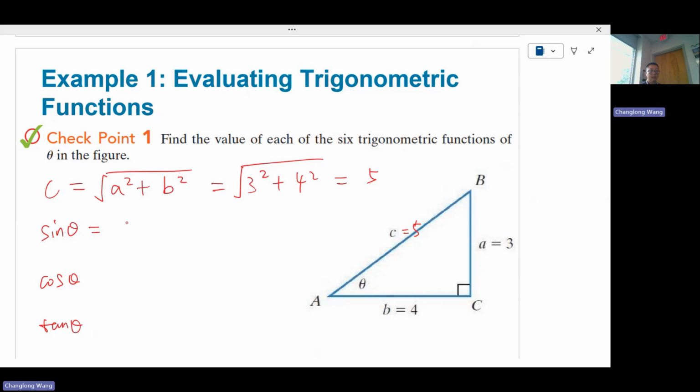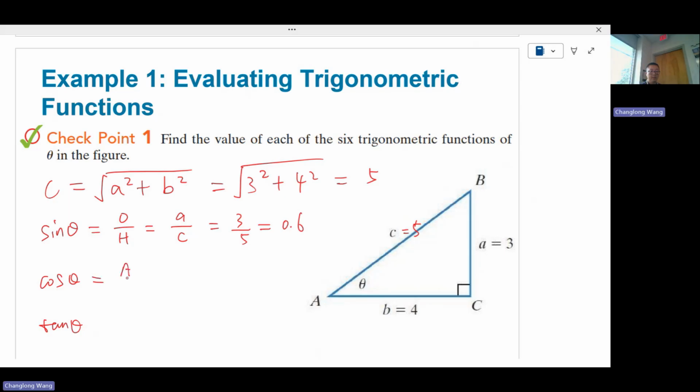Sine is opposite over hypotenuse. So in this particular triangle, the opposite of angle theta is A, hypotenuse is C. So we get 3 over 5. If you want, you can put that in decimal form, 0.6.